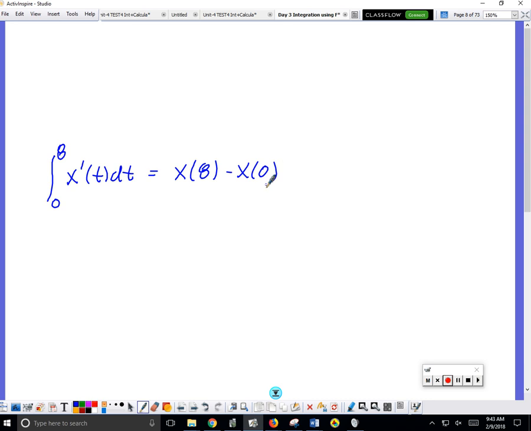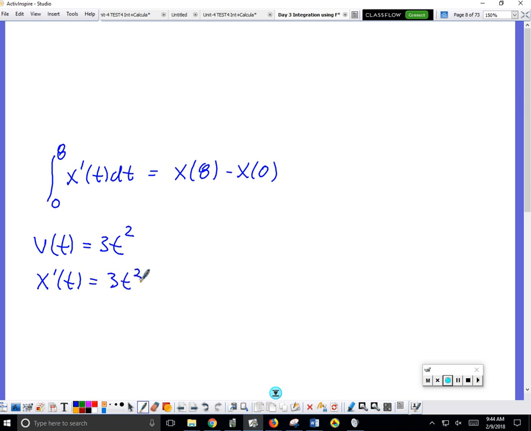Yes. Good. So what we're representing is, what if we really did have a formula for the velocity? What if the formula for the velocity turned out to be, I'm going to do something really simple, let's just say 3t squared. That means x prime is really 3t squared.